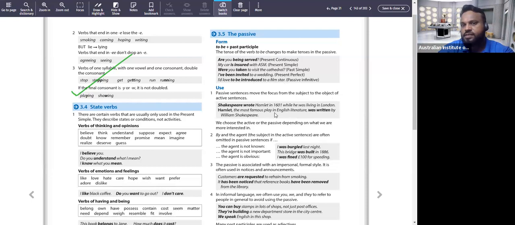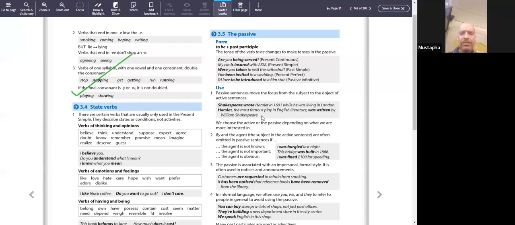Hamlet, the most famous play in English literature, was an object in the active sentence, and now it becomes the subject in the passive sentence. Wrote becomes the past participle written, and since it is a past form, that's why we use the be verb was. So Hamlet, the most famous play in English literature, was written by William Shakespeare.